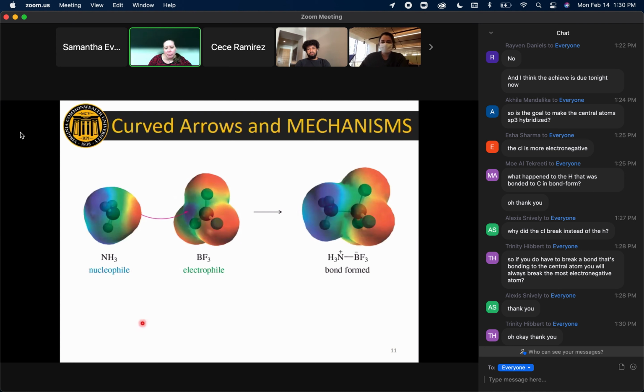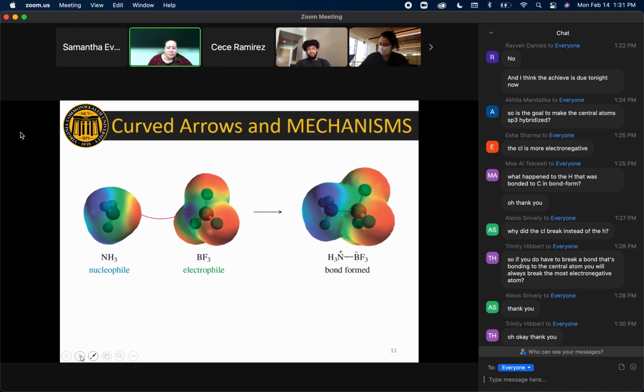So here is that same reaction with the electrostatic potential maps. You can see this red area, which is high electron density on the nitrogen, which is our nucleophile. That red area is going to move towards this blue area, which is the electropositive area of our BF3 molecule, where that empty p orbital is. And so that'll create the new bond.